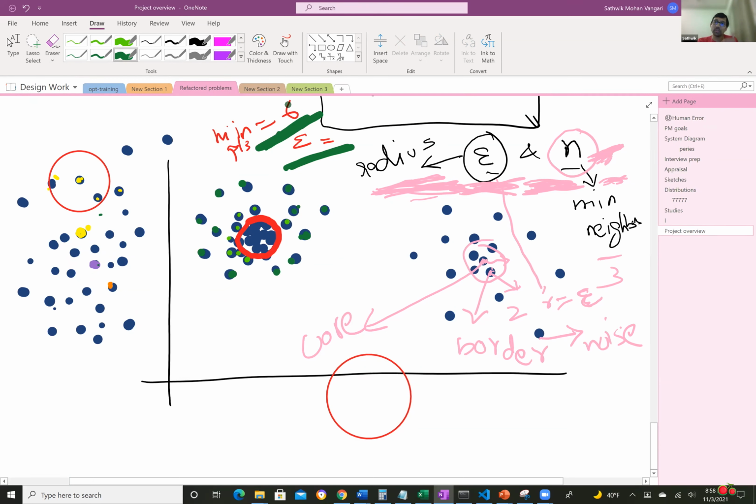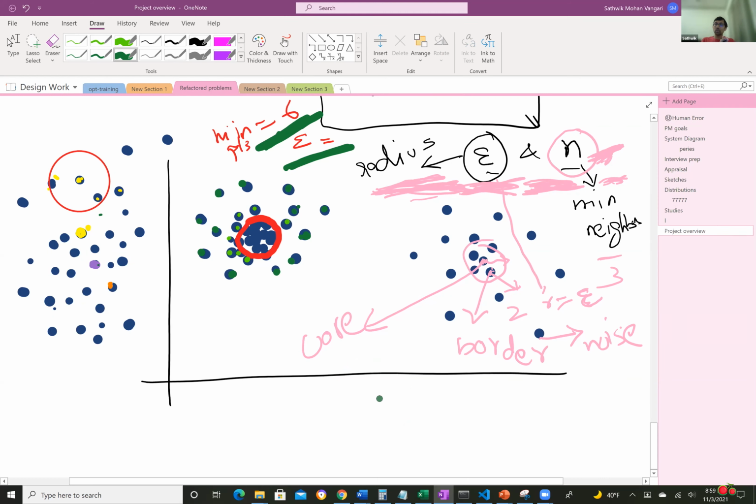So based on how you vary these two parameters, you can create smaller circles and have a lesser number of neighbors. You can say only 1 neighbor is needed, or you can create a big circle and say 10 neighbors are needed, because I'm having a big circle. So you can vary both these parameters, the number of neighbors and the size of the circle.